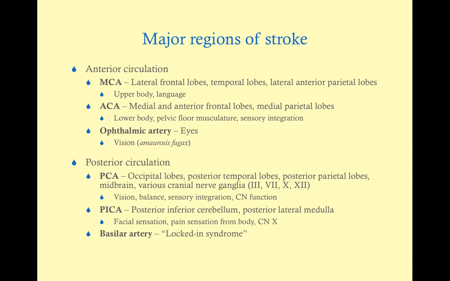We're going to talk about 2 different kinds of PCA strokes that are from deeper arteries of the PCA. And then we're going to talk about PICA stroke. We're not going to talk about basilar artery stroke. Basilar artery stroke is the locked-in syndrome. We'll mention that in a different section. You probably know what locked-in syndrome is, so if you don't, feel free to ask.